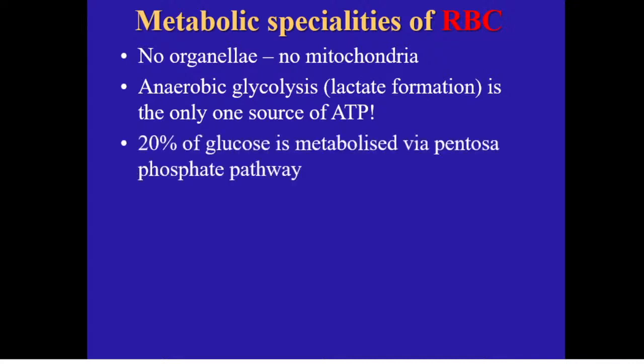20% of glucose, a significantly higher quantity than in other tissues, is metabolized through the pentose phosphate pathway. For what it is necessary, we will see. Membranes of erythrocytes are very important for the performance of their function, and it is necessary to protect them from oxidative stress. But the function of erythrocytes is to work with oxygen, so the risk of formation of active forms of oxygen is higher than in other cells.